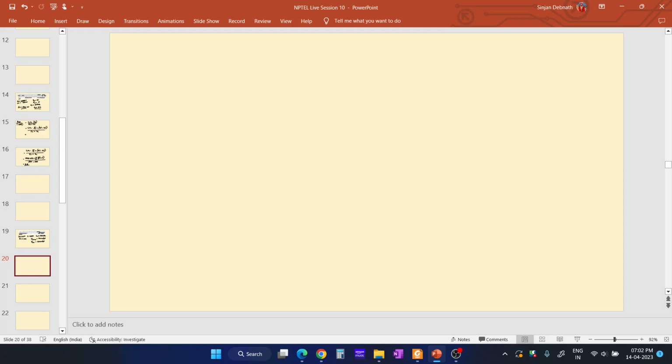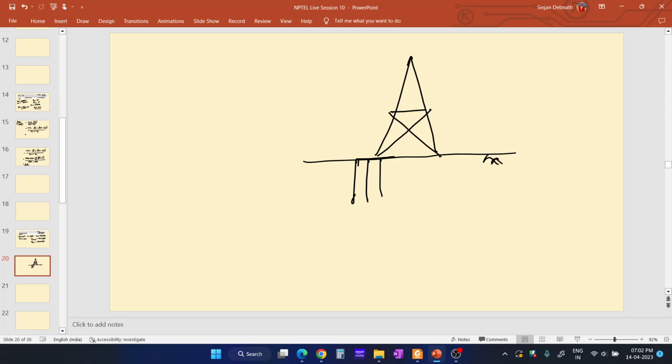Generally, what happens is that suppose you have a transmission tower like this, and it is being supported on pile foundation. This is the ground surface, and here it is a pile cap, and below the pile cap there are piles. The piles are connected to the pile cap.